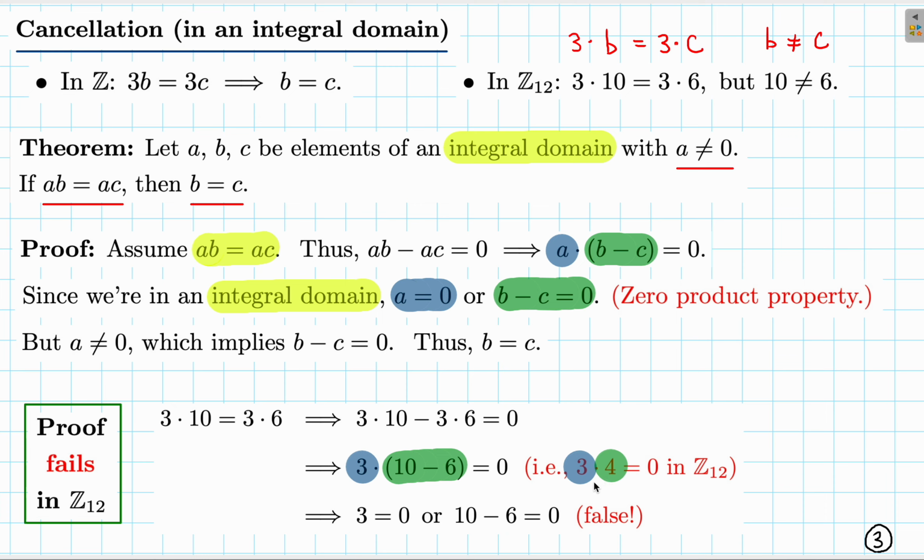And that's where the argument fails. Because when we were in an integral domain, we were able to say that either 3 is 0 or 4 is 0. But that's certainly false in Z12. And once again, what makes this proof fail is the existence of zero divisors in Z12. And that's why this theorem and proof is only valid in an integral domain where zero divisors do not exist.